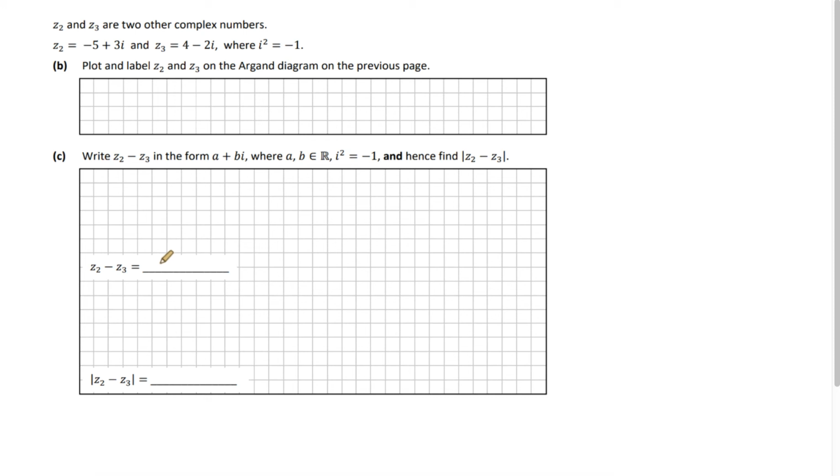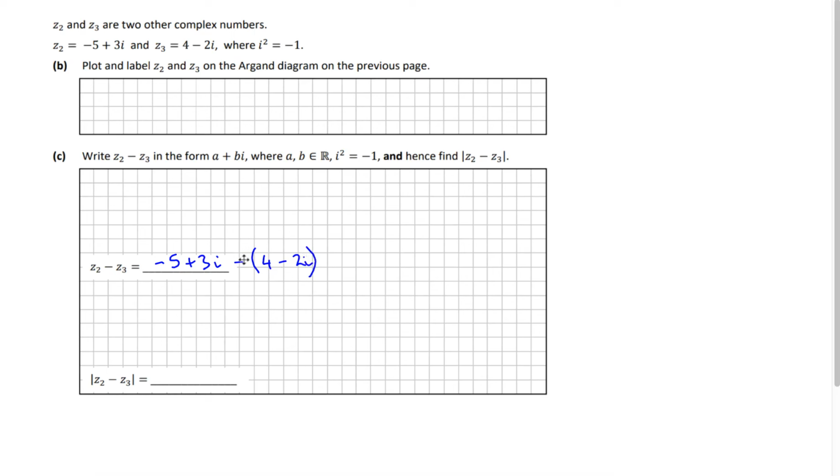So Z2 is minus 5 plus 3i minus Z3. Now when you're subtracting complex numbers, make sure you protect the number you're subtracting with a bracket. So Z3 is 4 minus 2i.